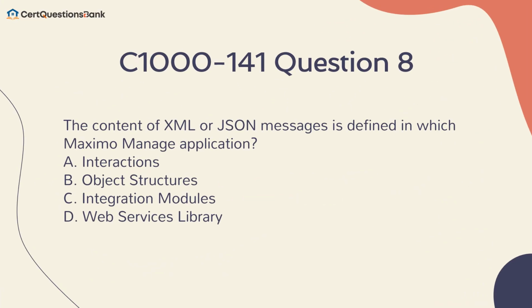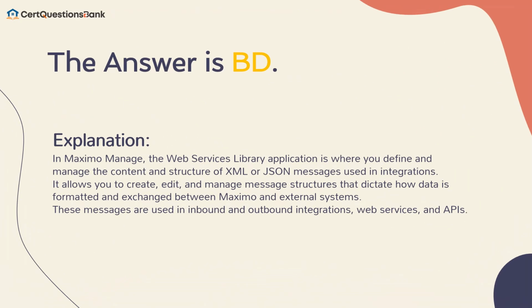The content of XML or JSON messages is defined in which Maximo Manage application? A. Interactions. B. Object structures. C. Integration modules. D. Web Services Library. The answer is BD.